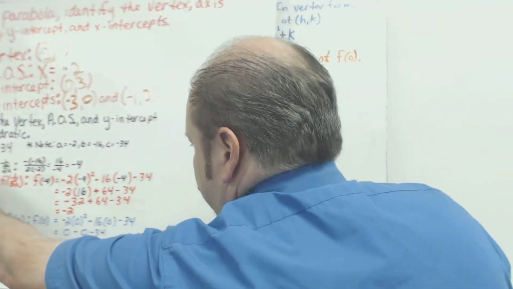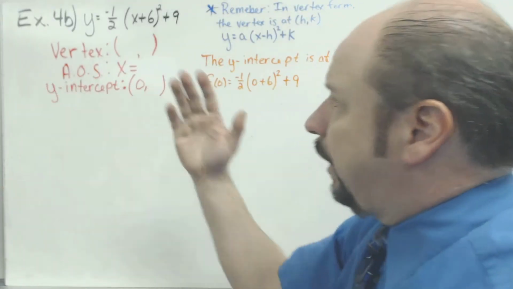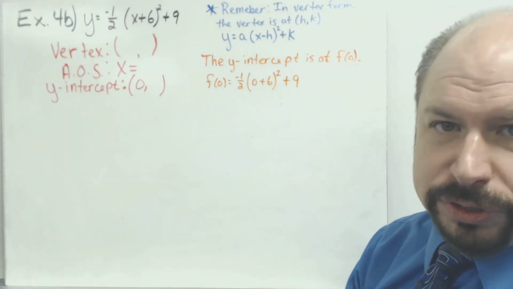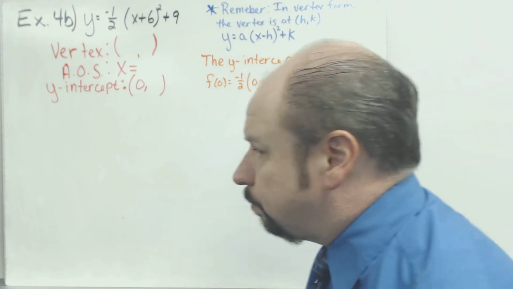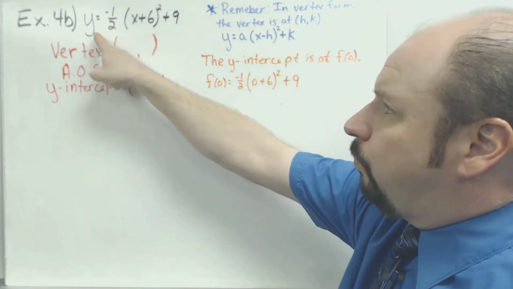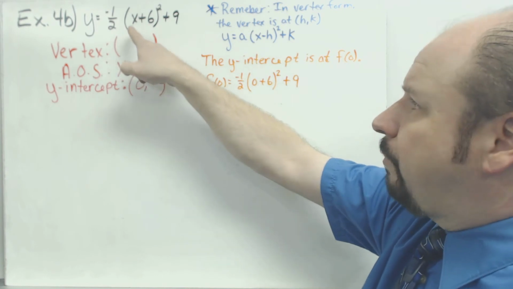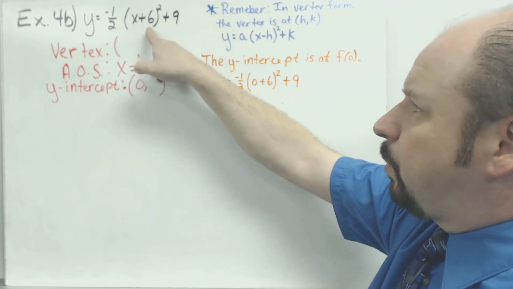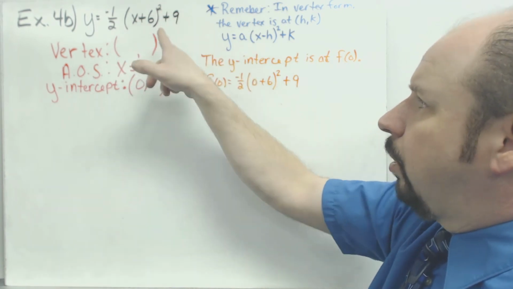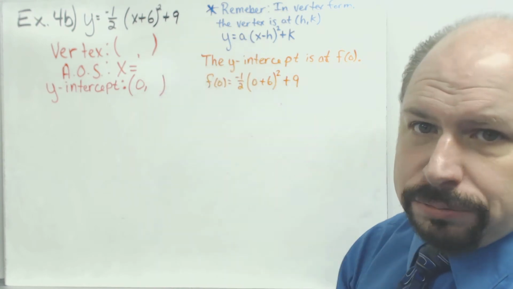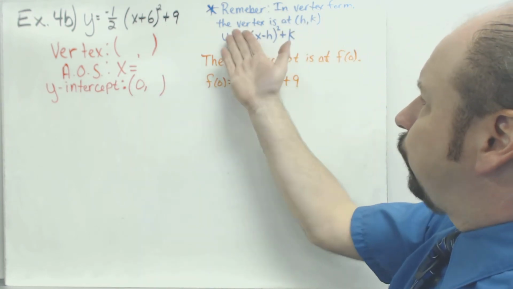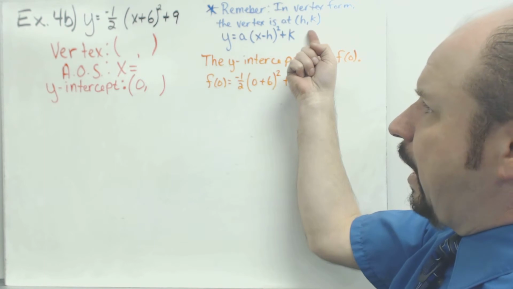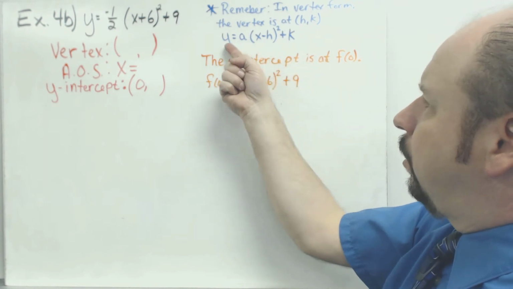Okay, moving on. Now we have one here in vertex form instead of standard form. So we have y equals negative 1/2 times the quantity x plus 6 squared plus 9. Remember, in vertex form, the vertex is at (h, k).